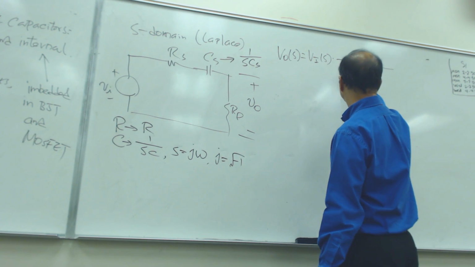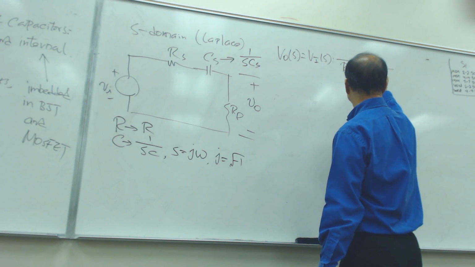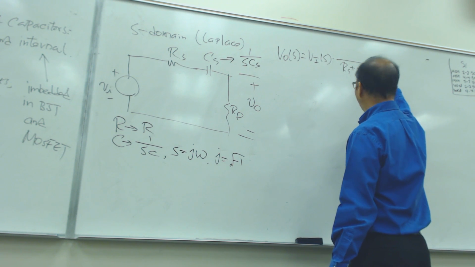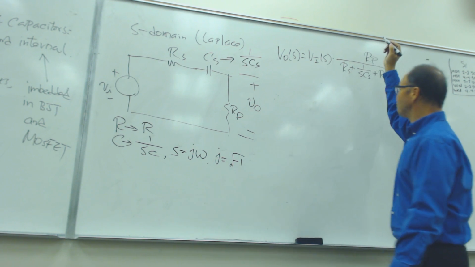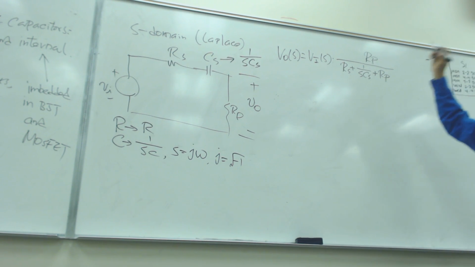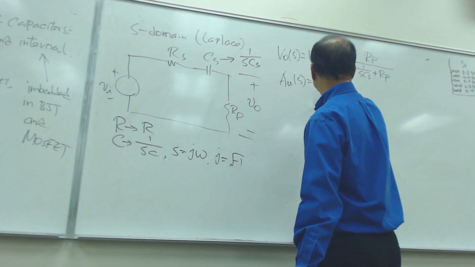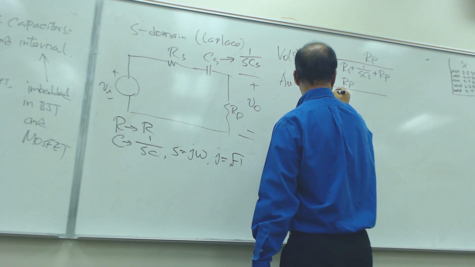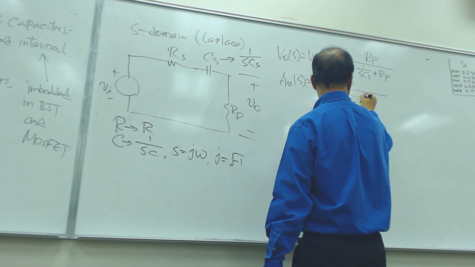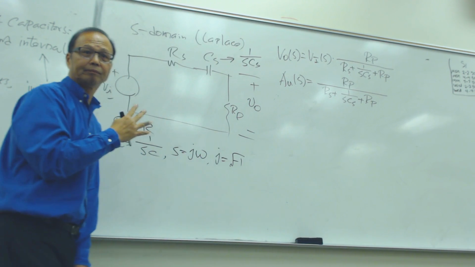So R sub S plus 1 over S C sub S plus R sub P, and then what's on top? R sub P, right? So therefore, the gain in the S domain is R sub P over R sub S plus 1 over S C sub S plus R sub P. So basically, that is the solution.